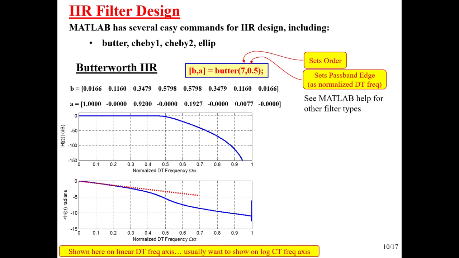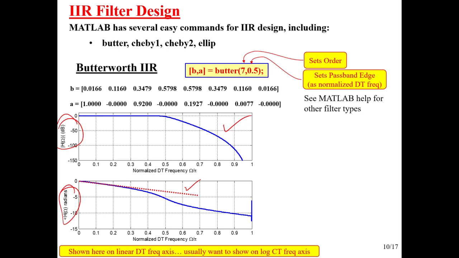So here is the magnitude plot in dB. Here is the phase plot in radians. And I put on a red line here to show how the phase corresponds to a linear phase response. We'll talk more later about linear phase filters. FIR filters will give you a linear phase. IIR filters, not so much.